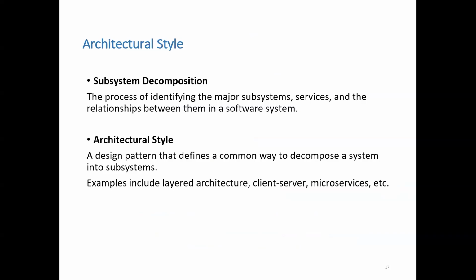Now, when we follow a recurring pattern to do this, like organizing by layers or services, we call that an architectural system style. These styles help us follow best practices and make our systems easier to understand and maintain. So, in a way, an architectural style is like a design pattern, but for structuring large parts of the system.